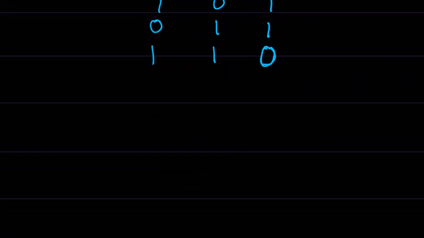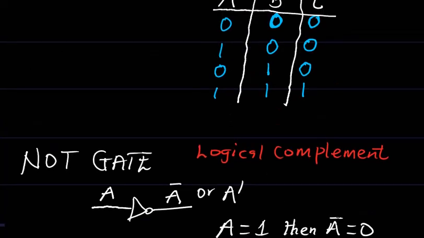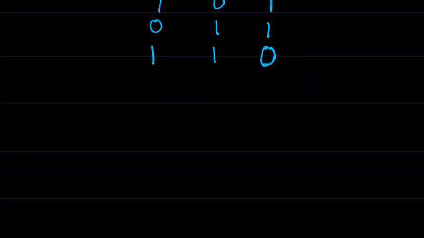So let's look at the complement of all these gates. Remember, complement is simply an inverse of the output. Let's start with the complement of the OR gate, known as the NOR gate. NOR simply means not OR.